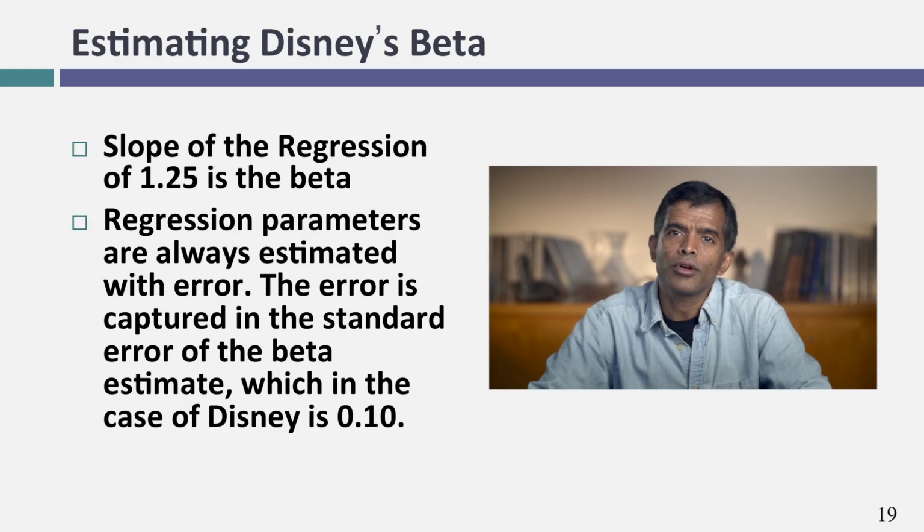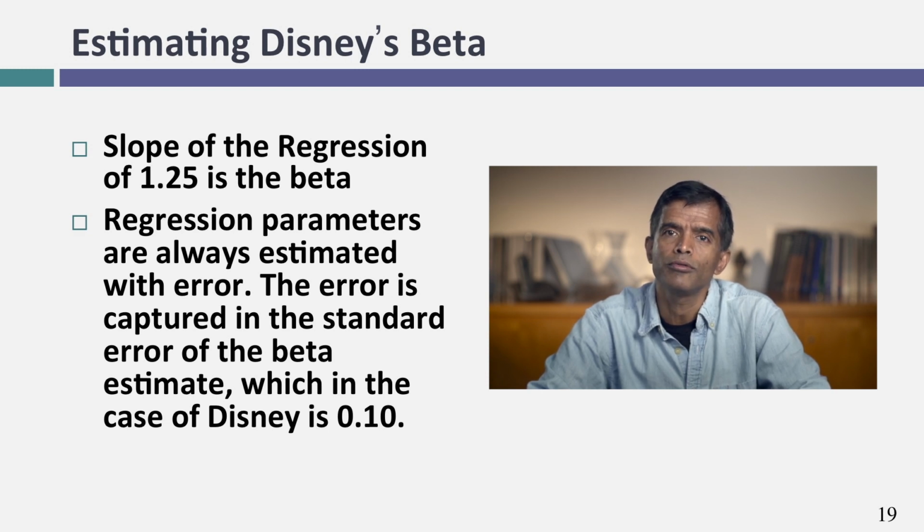Let's turn to the other piece of output from the regression, which is the slope. The slope of this regression, at least based on this 5-year period, is 1.25. If you trust the regression, the beta for Disney is 1.25 and the standard error is 0.10. If you ask me for a point estimate, a single number to use for Disney's beta, the number is 1.25.